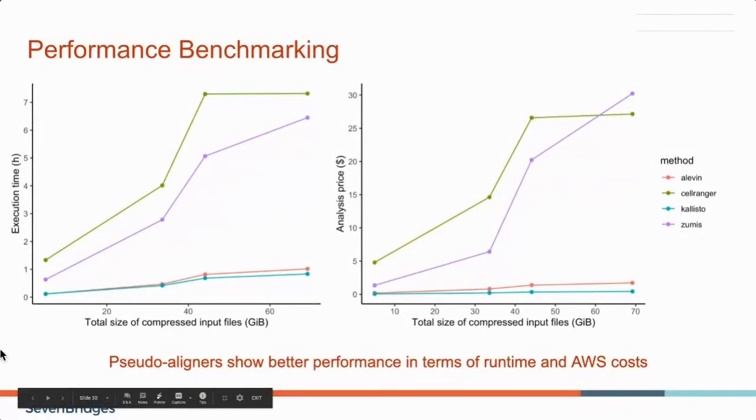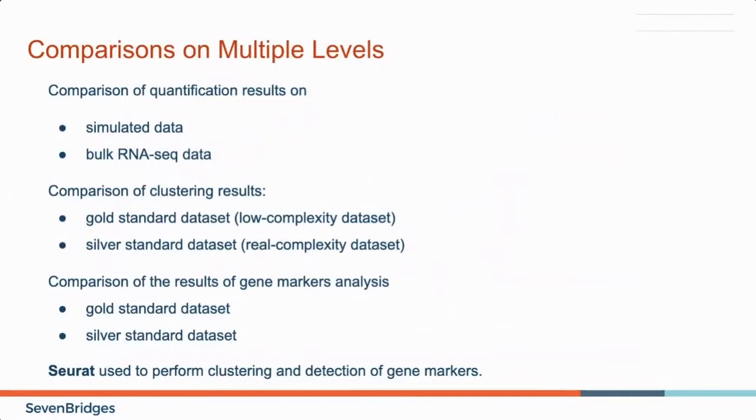We observed that pseudo-alignment-based tools such as Salmon and Kallisto, and that would be the ones in the plot that are colored in blue and red, have significantly better performance in terms of execution time and AWS cost in comparison to alignment-based tools such as CellRanger and Zumis. On the following slides, we will talk more about methods we use to compare the precision of the obtained results.